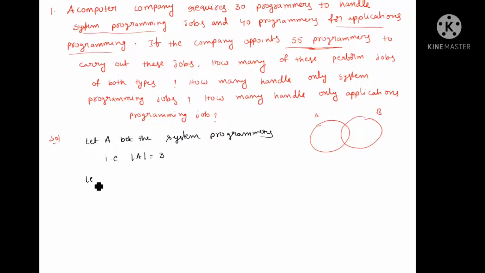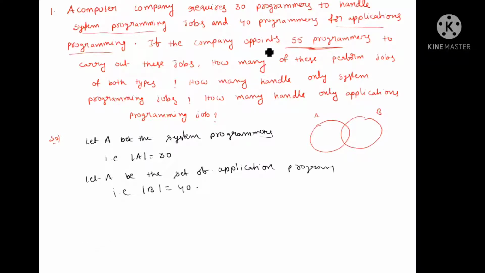Let B be the set of application programmers. That is mod B equals 40 members.